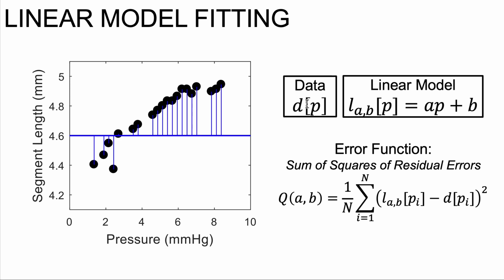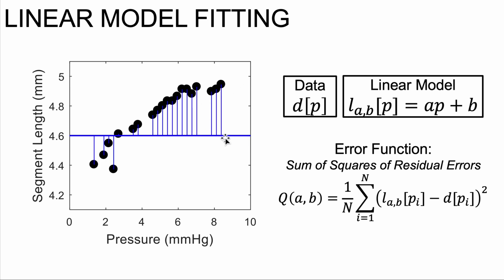So we call the measurement data D and the line L, and we subtract the line from the data for the corresponding coordinates, and we sum up the squared errors. And we simply then try to find the parameters A and B that make this line pass closest through all the points.